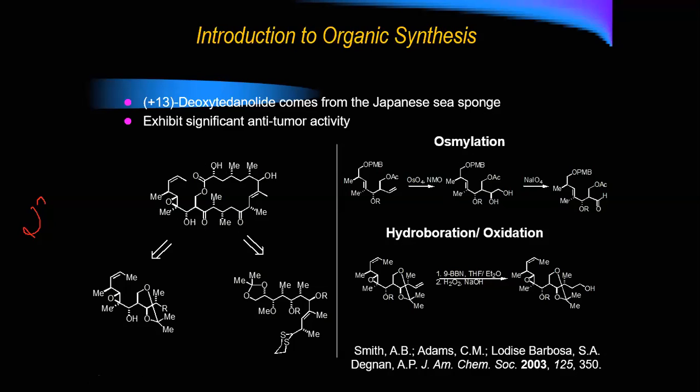But let's look at these reactions up here. You have a double bond right here, and you treat it with osmium tetroxide and NMO. We learned that in part 1. It's a dihydroxylation. And then if you treat it with sodium periodate, you can cleave it right here, and then boom, it converts both of these sides into carbonyls.